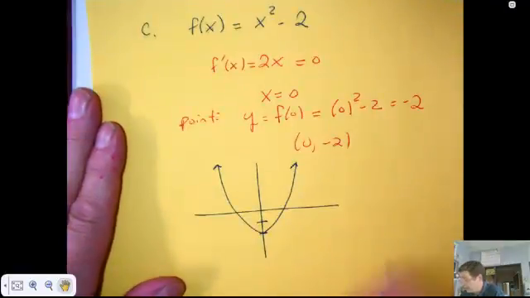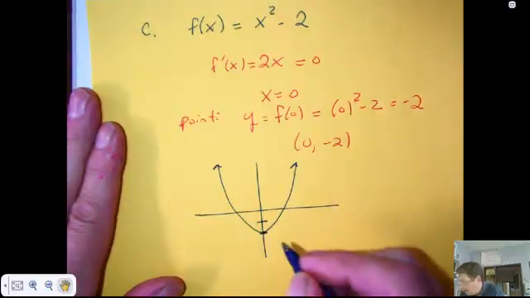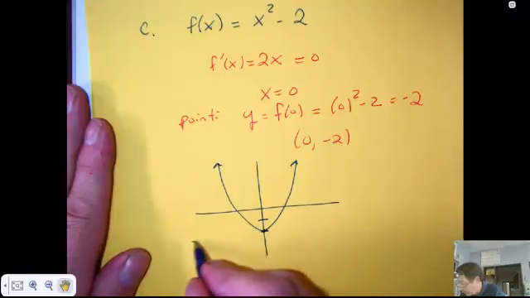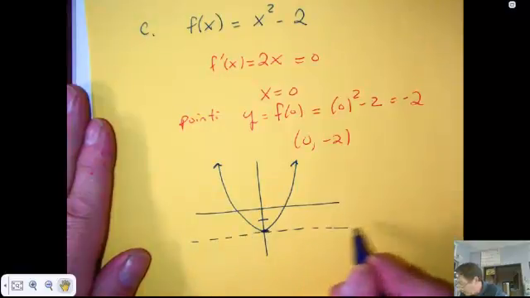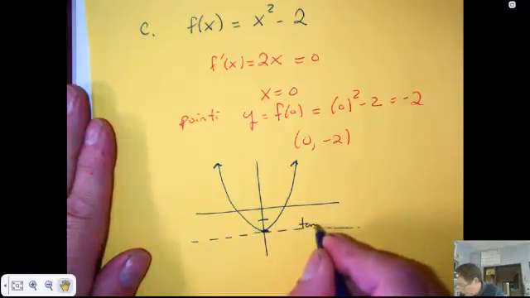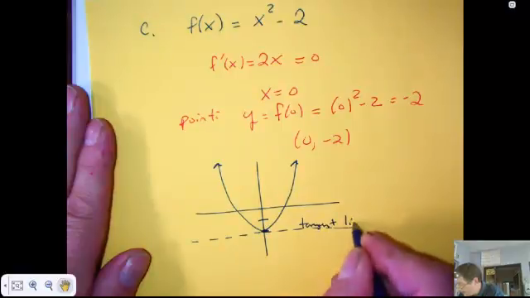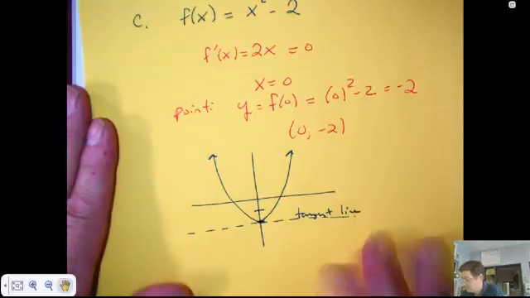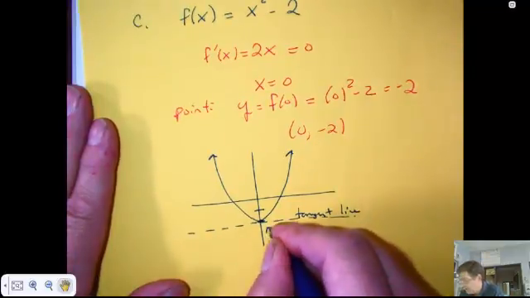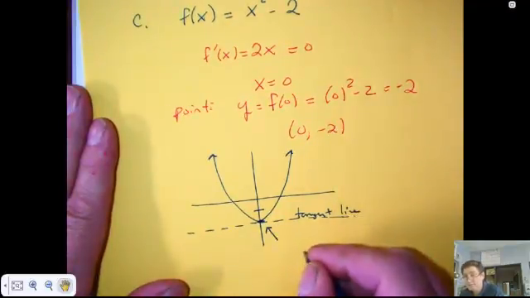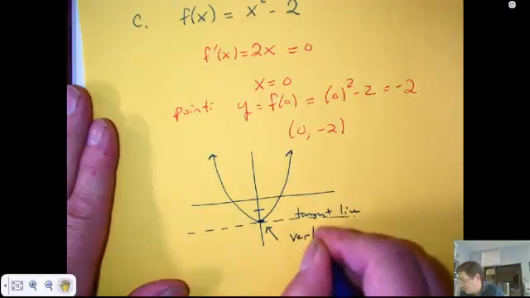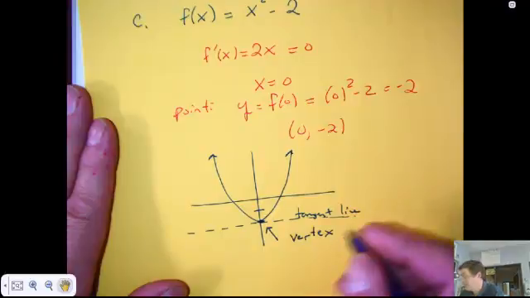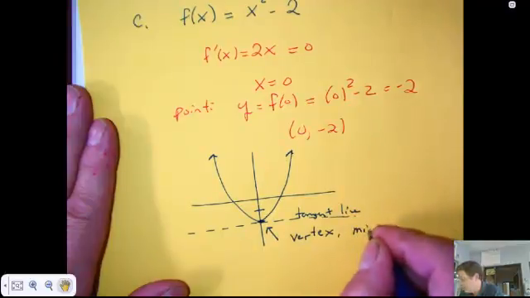Right here, I have a horizontal tangent line, which I do, right? If you think about it, here's my tangent line. But what's significant about the graph at that tangent line? That is the vertex, right? And for the whole graph, that is the minimum.